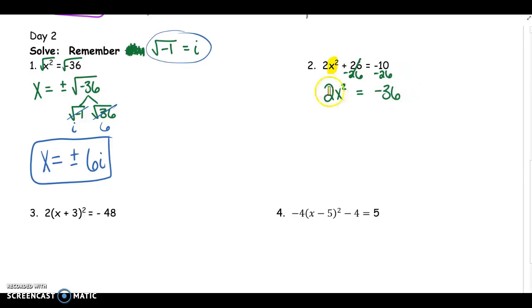Now again, you don't want to do the square root until the x squared is completely by itself. So we need to get rid of the 2. How do we get rid of times 2? Divide by 2. So x squared equals, and I'm going to leave myself a little bit of space because I know what step is coming next, -18.